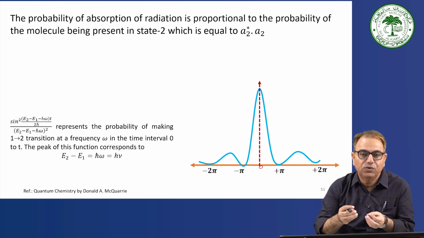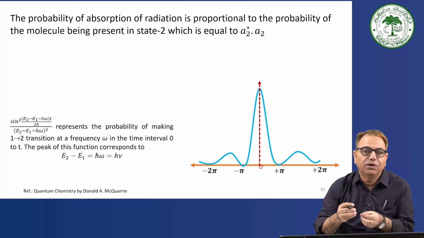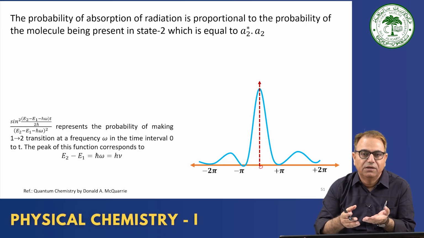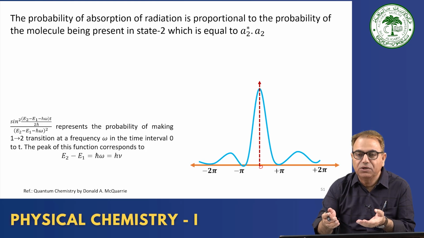It tells you whether the transition is feasible or not. It also gives a conclusion well known to you from your +2 standard, that whenever a transition takes place in the hydrogen atom, the energy absorbed or emitted is equal to delta E, the difference between the energy levels. So we got E2 minus E1 is equal to h nu.